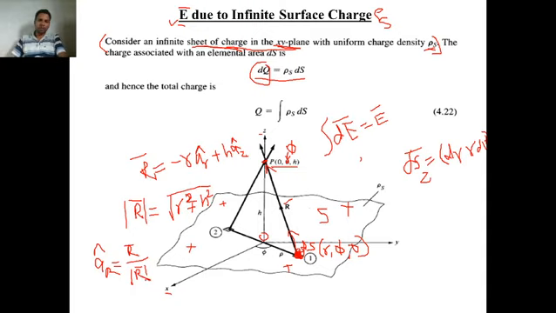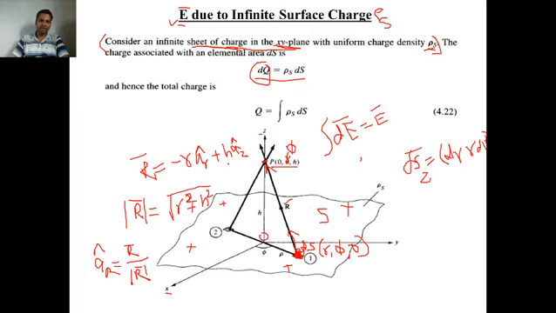Okay. So we discussed three assumptions, then this diagram is drawn. Then the coordinates of ds are also written, the coordinates of point P are also written, and based on this, the r bar we drew, with the help of this diagram we obtained the displacement vector r bar, which is also called the distance vector.